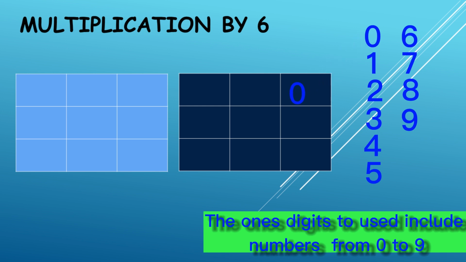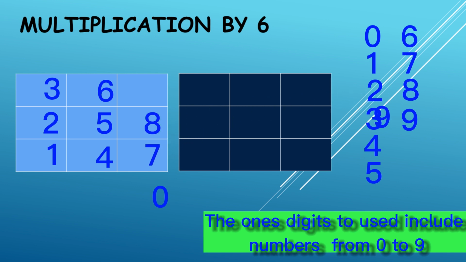We have 0 outside, 1 to the lower left corner, 2 and 3. Through the middle, we have 4, 5 and 6. And to the lower right corner, we have 7, 8 and 9.